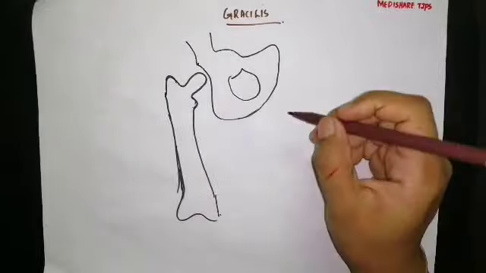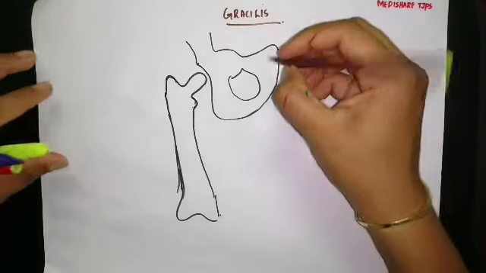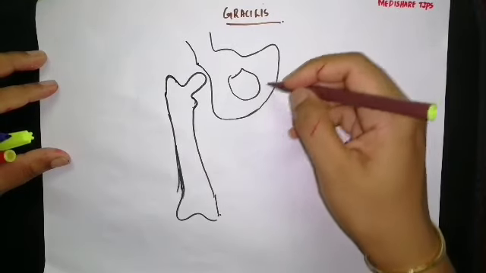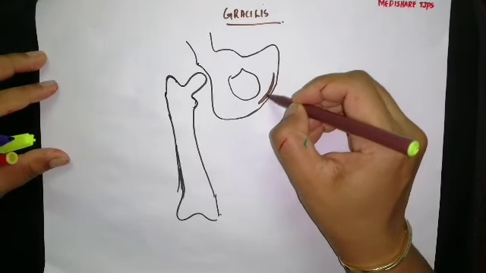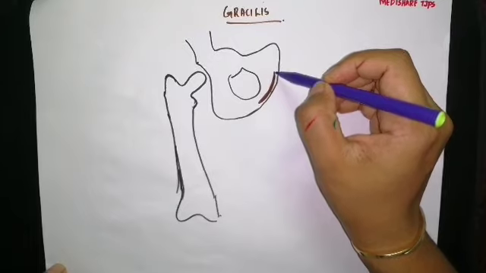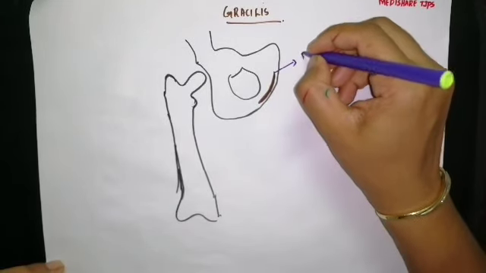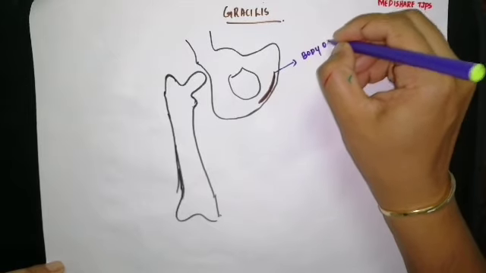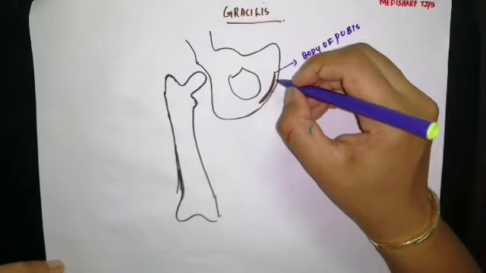Now the origin and insertion of this muscle. The gracilis muscle is originating like this. It has its origin from the medial margin of the lower half of the body of the pubis, that is medial margin of the body of pubis.